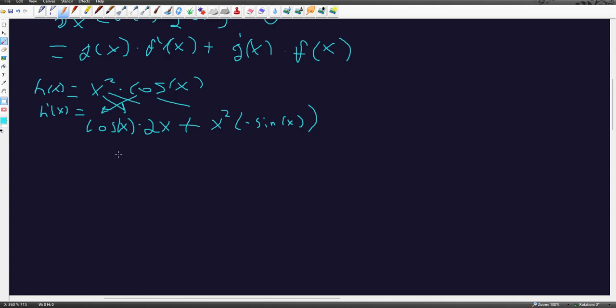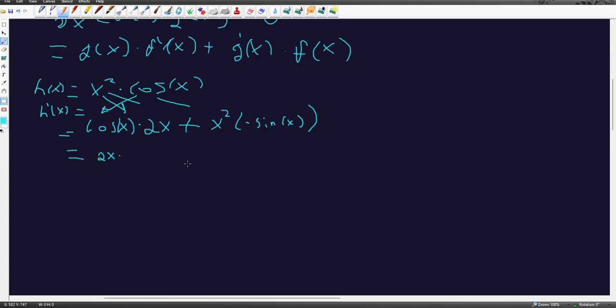And I'm gonna simplify even further. Cos x, actually, it doesn't really matter where the 2x goes.